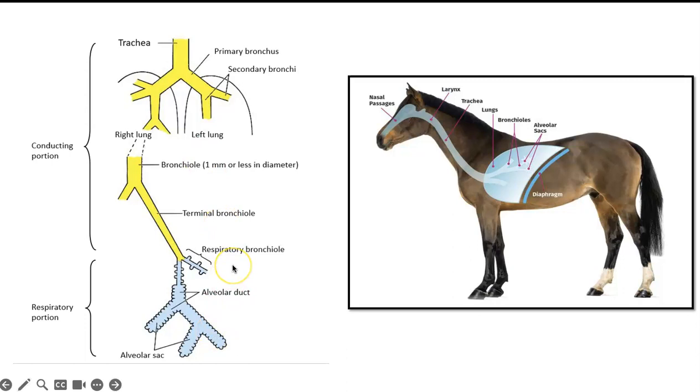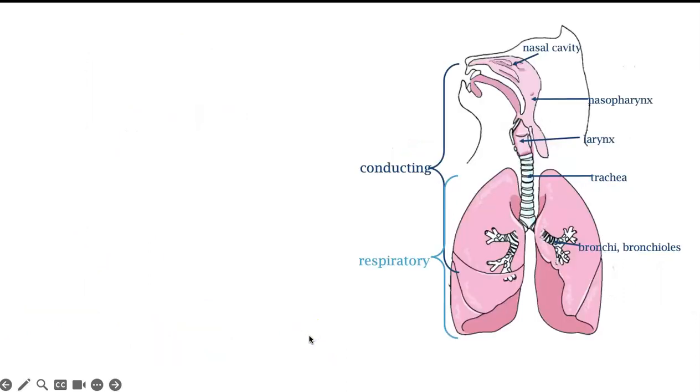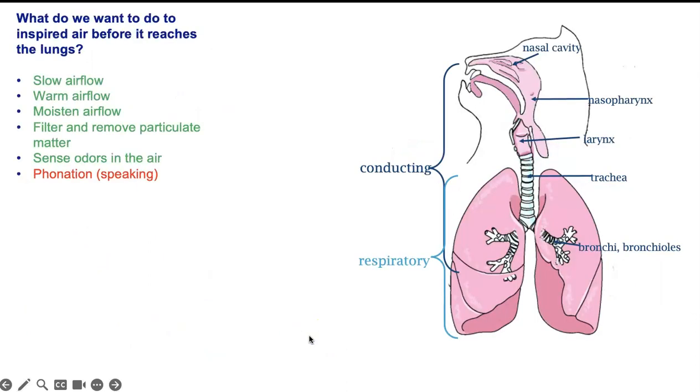The gas exchange starts from the respiratory bronchioles, alveolar ducts, alveolar sacs, and alveoli. So you can see now the difference between the conducting portion as the yellow parts, and the respiratory portion as the blue parts.